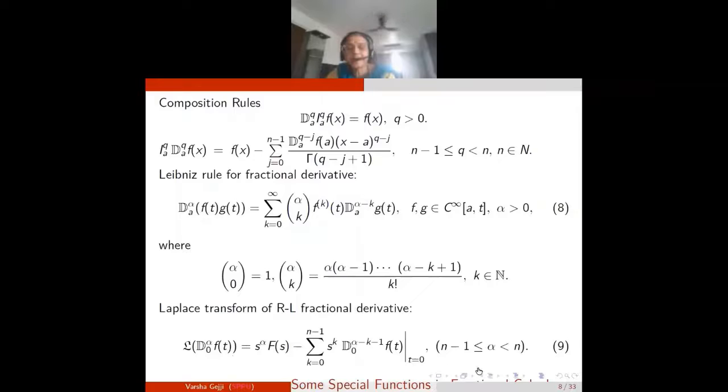So these expressions are useful when you solve differential equations involving fractional order derivatives. The only limitation is these symbols like this evaluated at t equal to 0. So one drawback of fractional calculus is that its physical interpretations are not there.